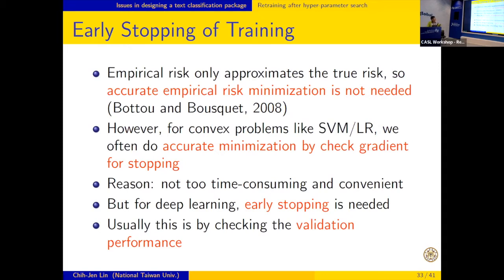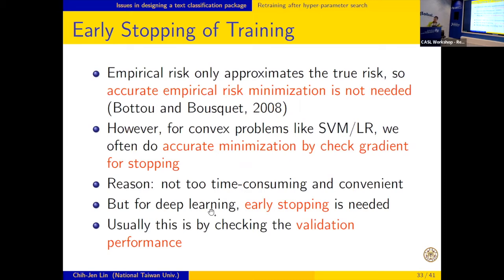The reason is that those are convex optimization problems. They are easier to solve. So people check, say, the gradient norm for stopping. Convex is easier, so training is not too time-consuming, and using the gradient for stopping is quite convenient. That's the situation in the past.